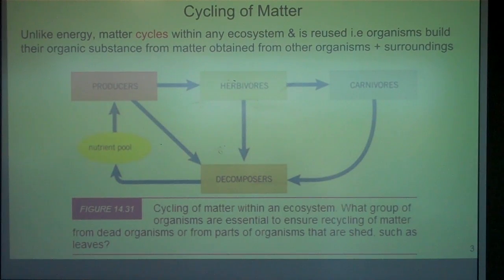Now, unlike energy, matter cycles within an ecosystem, and it's reused. And that's why this is called the cycling of matter. The carbon cycle can take a long time. You bind something up in oil, it's in the sediment for 200 million years, 100 million years. It's there for a long time. But if you take the oil out and you burn it, now it's carbon dioxide.